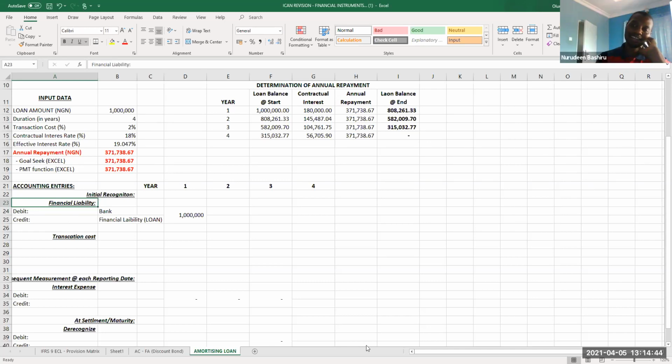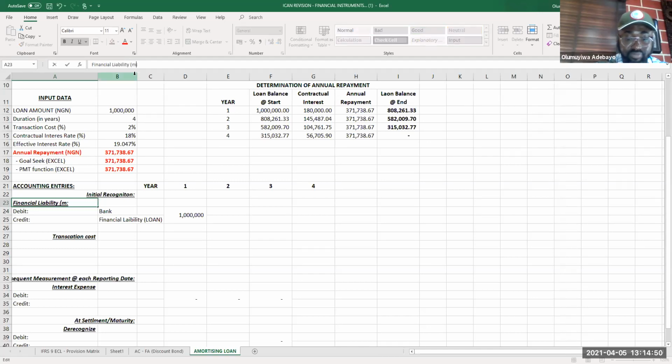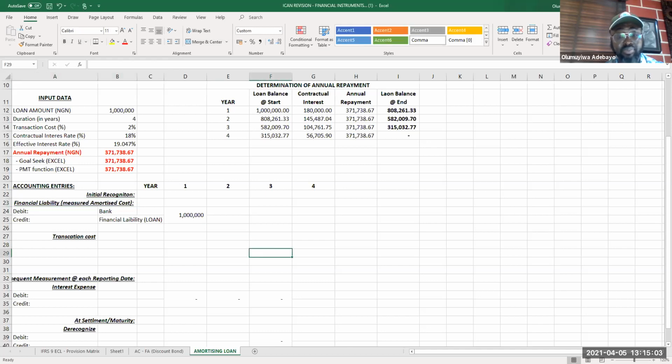Okay, I think I classified it in my memory. As what? As amortized cost. Measured at what? Amortized cost. Only when you have done that might what you have said be considered appropriate or correct. Now let us go back to our table.